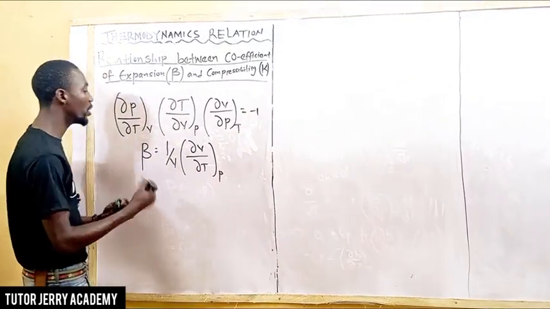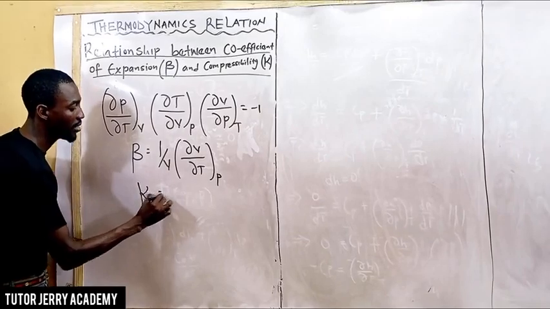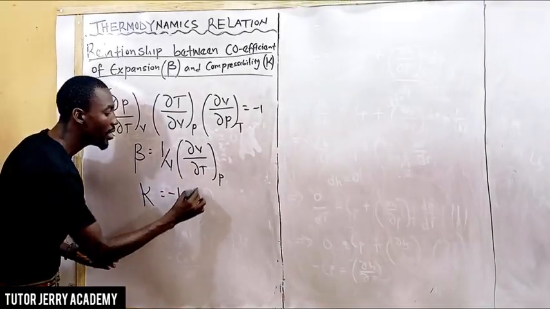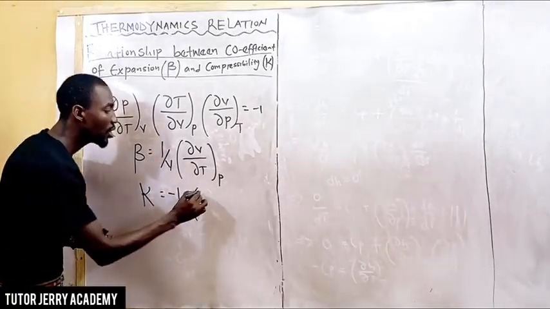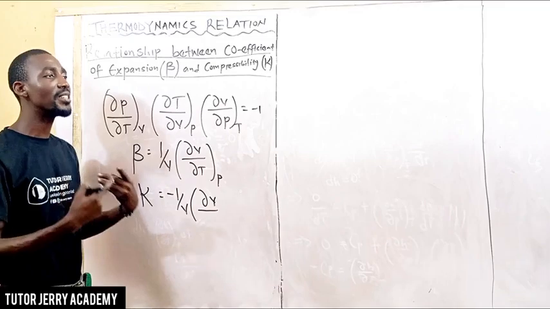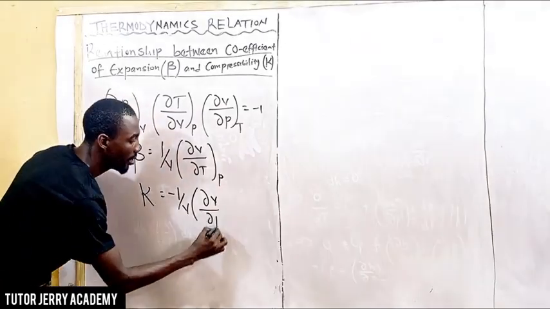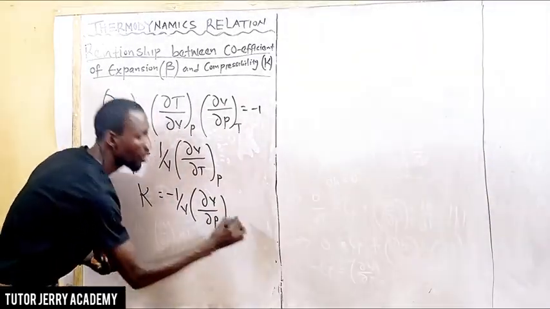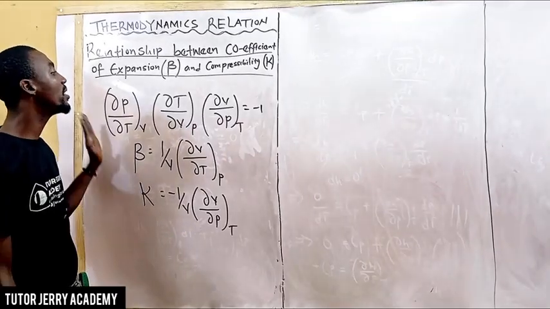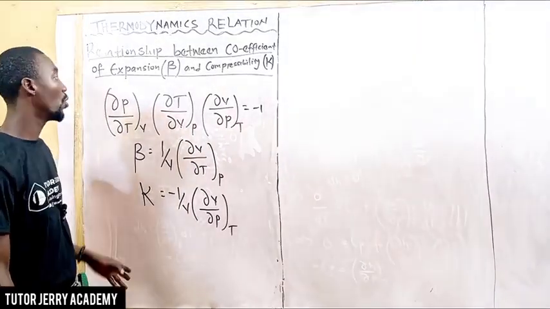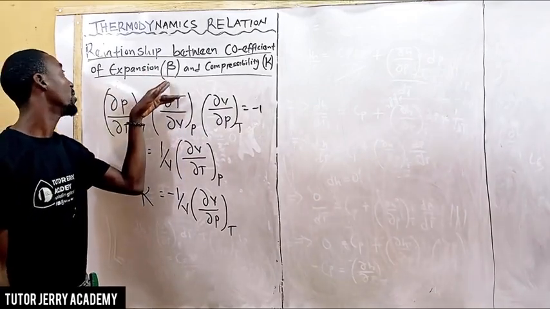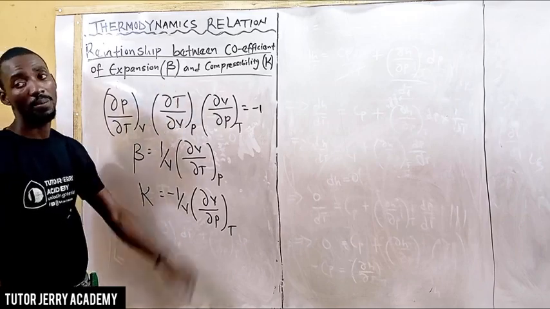And as well, we are going to recall that K, our compressibility, is nothing but minus 1 over V times the partial derivative of V over the partial derivative of P, keeping T constant. We are going to use these three equations to establish the relationship between the coefficient of expansion and compressibility.